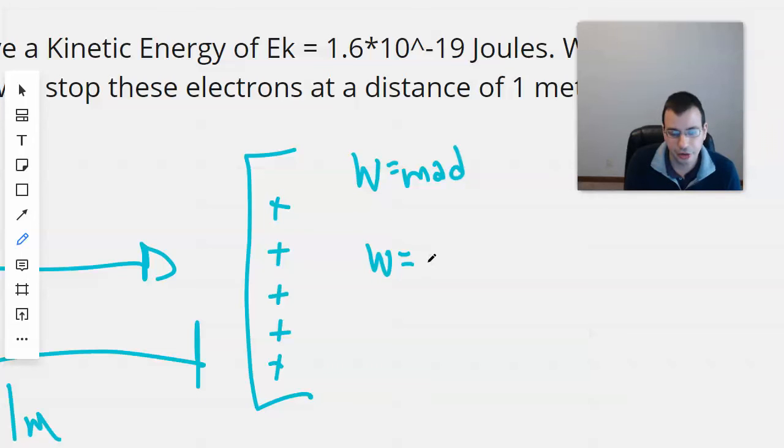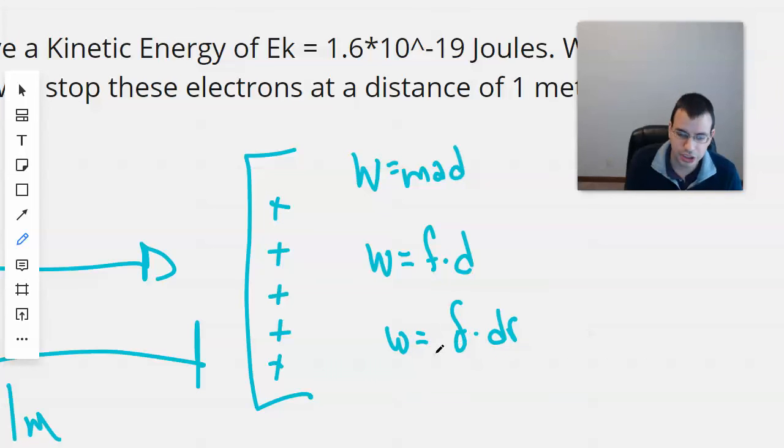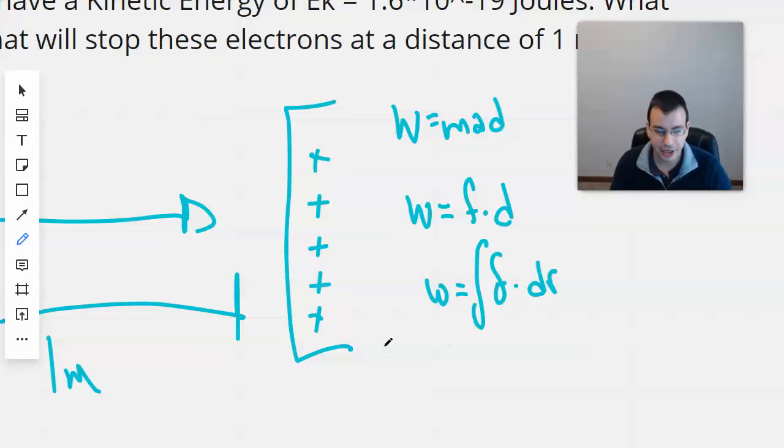And so to get a little bit more realistic, we have F, force times distance. And to get a little bit even better, work is the integral of F dot dr, where the dot product is the cosine of the angle between the force and the motion.